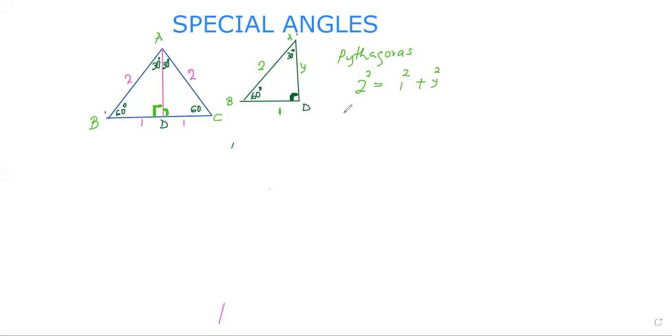The square of 2 is 4. The square of 1 is 1. And we have Y squared here. Transposing the 1, 4 minus 1 is equal to Y squared. That is 3 is equal to Y squared.